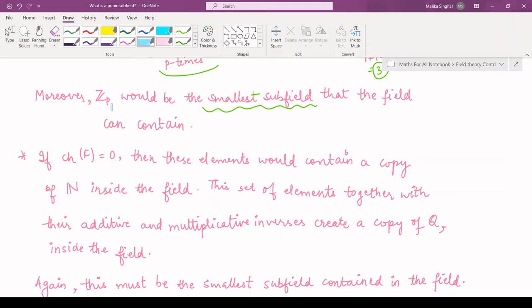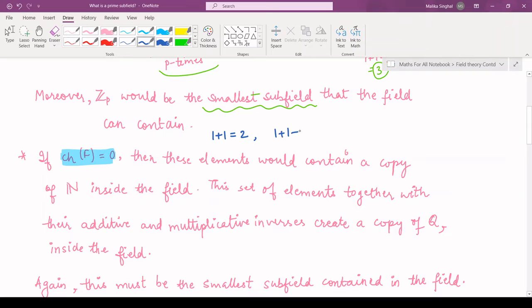Moreover, if the characteristic of the field is 0, in that case, the field would contain a copy of natural numbers. If the characteristic is 0, that means if you take the multiplicative identity and add it to itself, then you will get different elements.